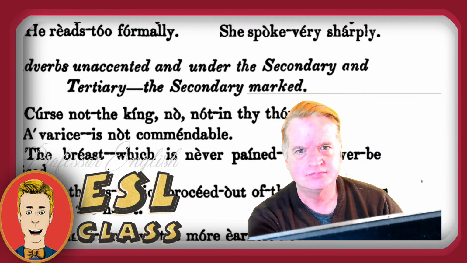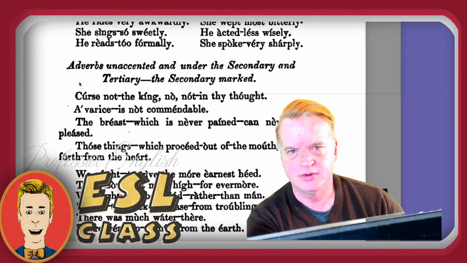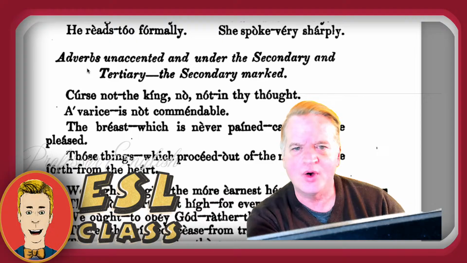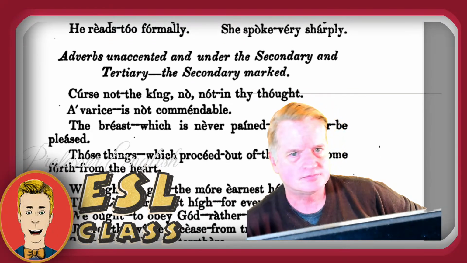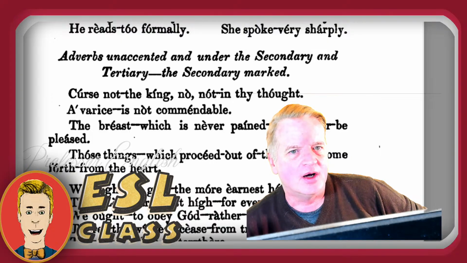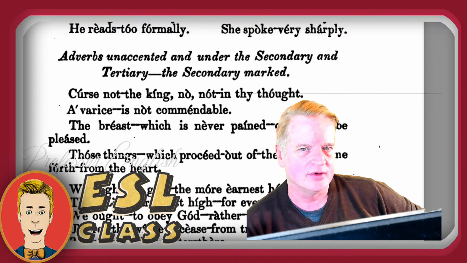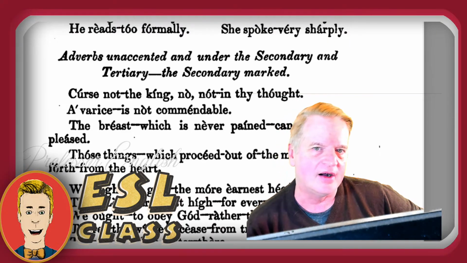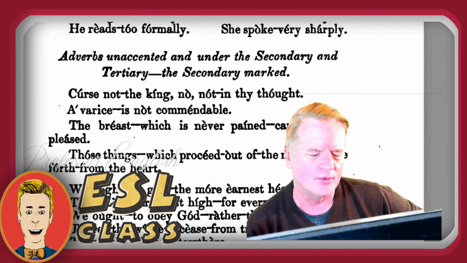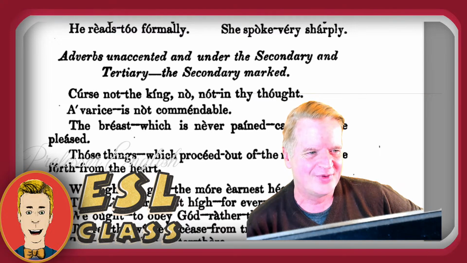Can you see the final phrase, Mohammed? He spoke very sharply. Okay, and what is the most important word in that phrase? Very. So how will you say it if that's the most important word? She spoke very sharply. Okay, let's look at the vowel sounds before and after. Which one sounds long, or which one sounds short?